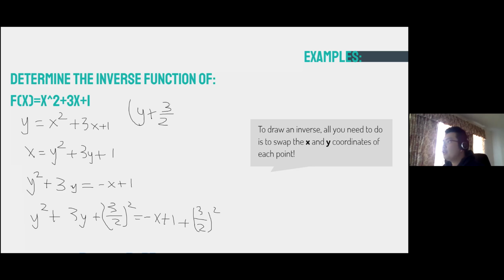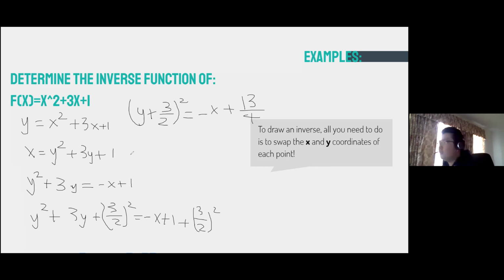If you want me to explain a bit further how to complete the square or how to calculate these squares, I can do that as well. Equals negative x plus 9 over 4. 1 plus 9 over 4 equals 13 over 4, something like that.